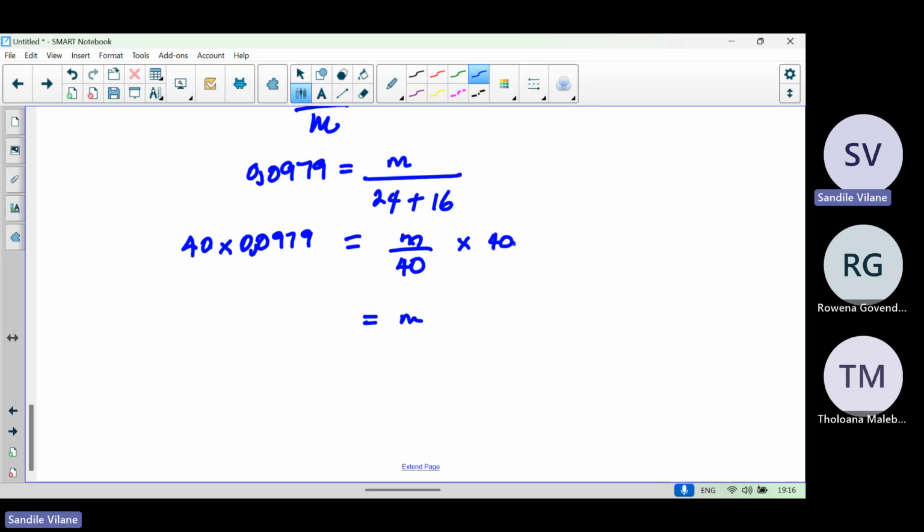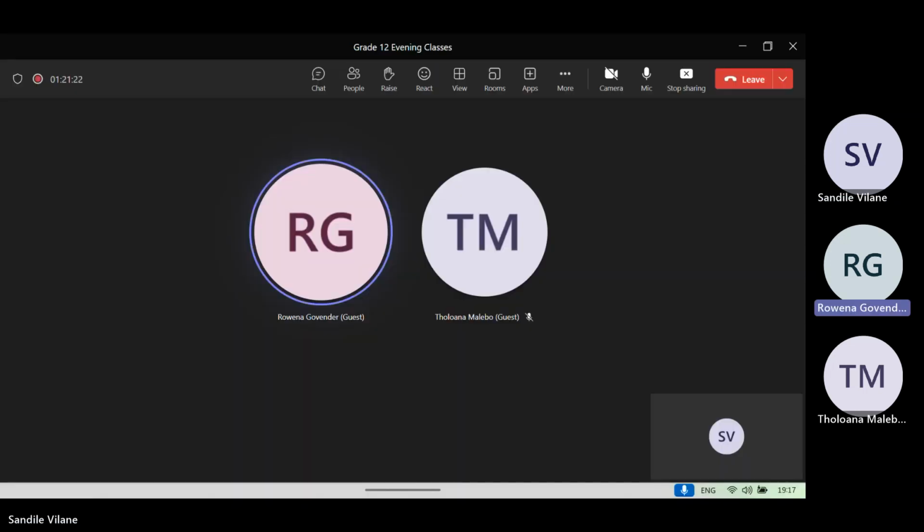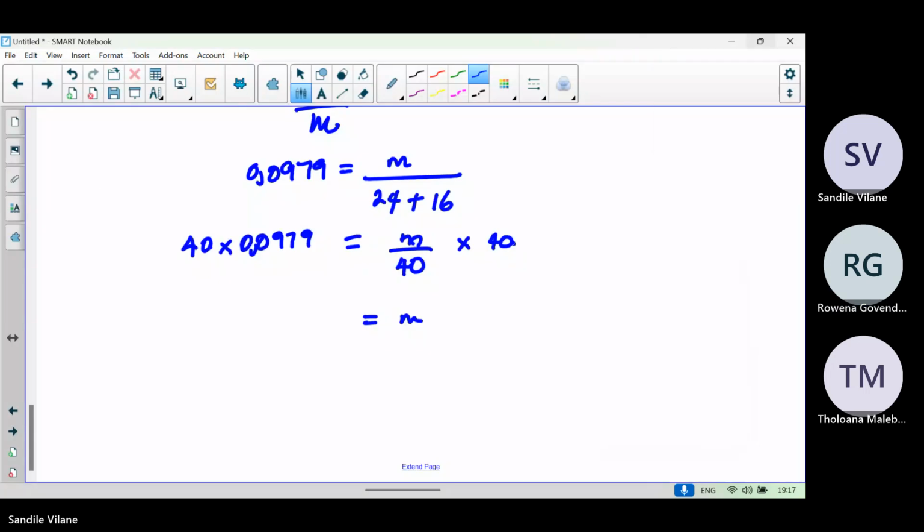And what is this mass equal to? Can you help us with the calculator, guys? So it's 3,916. 3,916. Yes. Grams. And once we have done that, we are done.